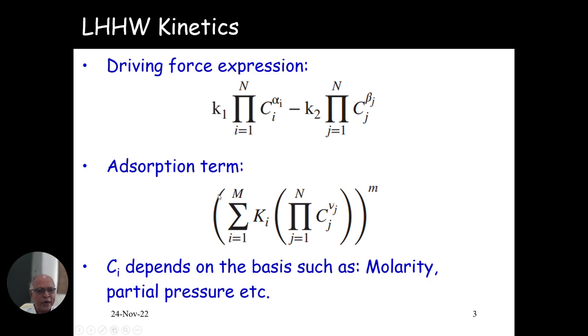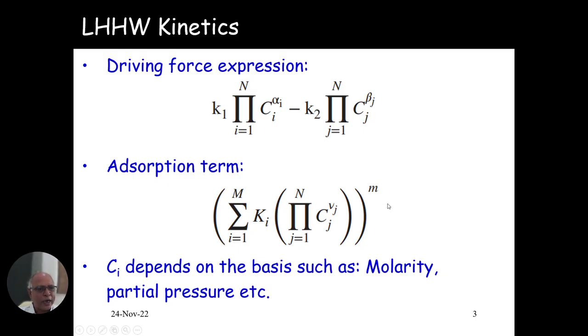Of course, when you write these equations, typically in the case of gas phase reactions catalyzed by solids, the basis usually would be partial pressure, but occasionally you may be using molarity, mole fraction, and other variables as well. So be careful in choosing an appropriate basis for representing the concentration. Are you using molarity, partial pressure or something else?